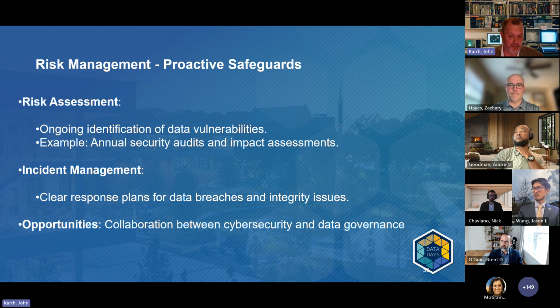And then that goes back to, and I put it in here as an opportunity because it goes beyond just cybersecurity and data governance, collaboration between all units at the Institute. And that includes the colleges and end users as well.